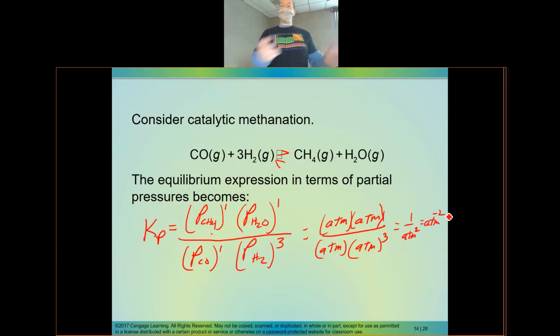All right, so exactly the same types of units that we had for Kc. It was molarity times molarity divided by molarity and molarity to the third. All right, but if it is Kp, so be very, very careful. If you just see a capital K and you're not looking at the other letter, that could cause some trouble because, well, you got a 50-50 chance here. It's either Kp or Kc. But your Kp, the units have to be in atmospheres. Your Kc, the units have to be in molarity.